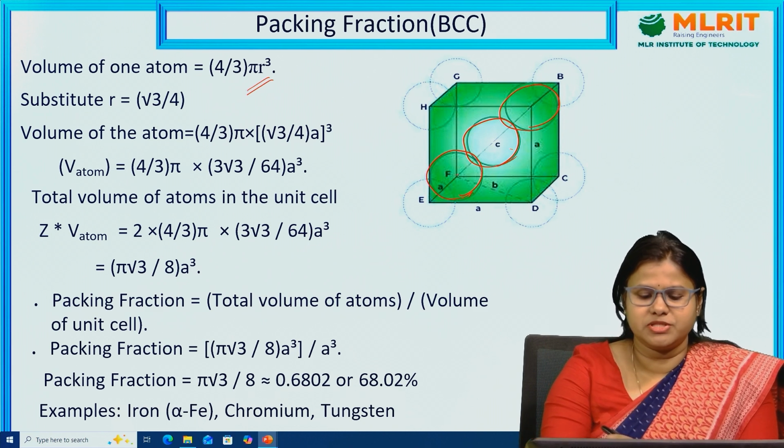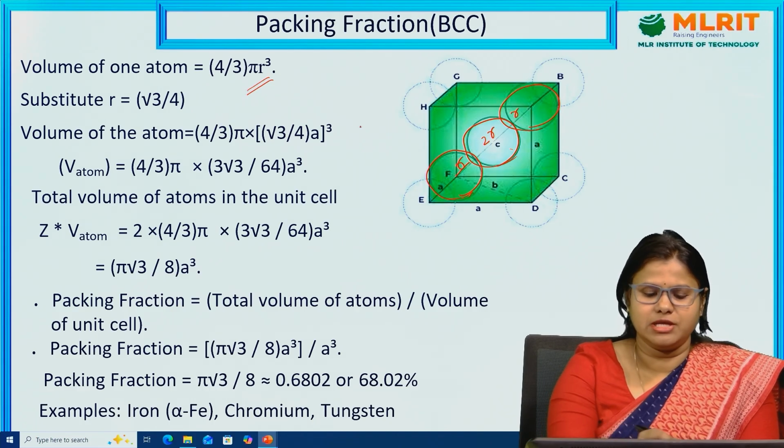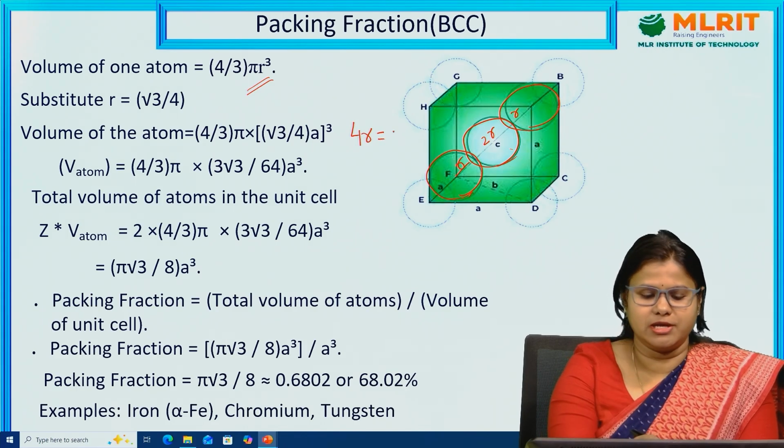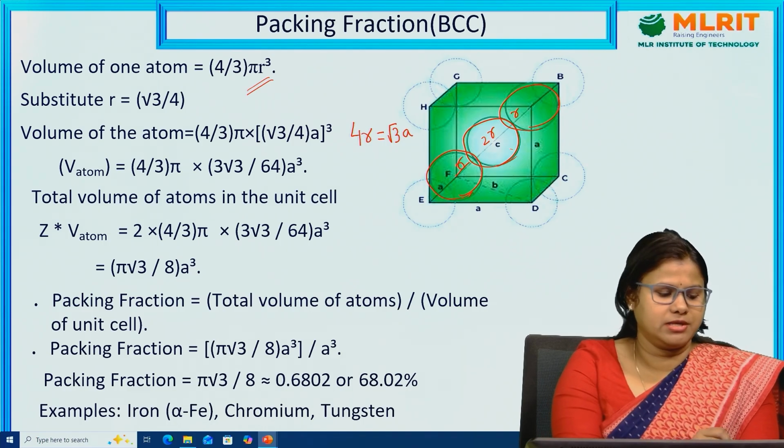So here this radius is r, this is 2r, and this is r. In total we are getting 4r, and this 4r will be equal to the main body diagonal length, which is root 3 a. So we get the relation that 4r is equal to root 3 a.